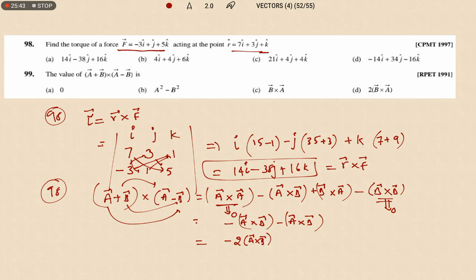But we don't have an option like this, that's why I am converting A bar cross B bar into minus B bar cross A bar. Minus 2 into minus B bar cross A bar, because A bar cross B bar is equal to minus B bar cross A bar, and minus into minus is plus, so we get 2 times B bar cross A bar. So your option will be D. Let us see the next one.